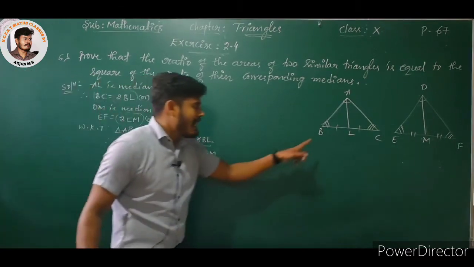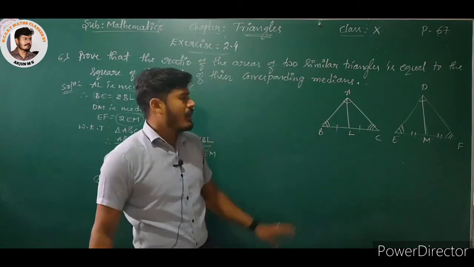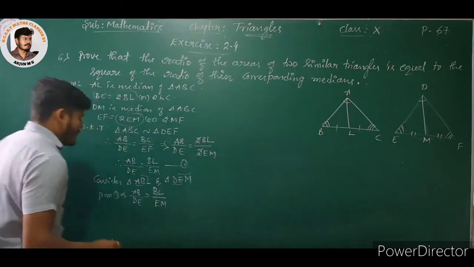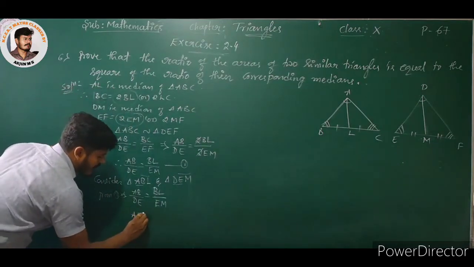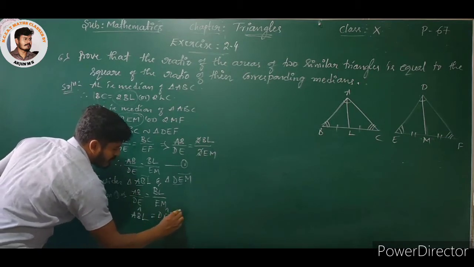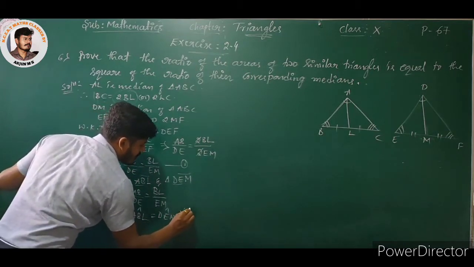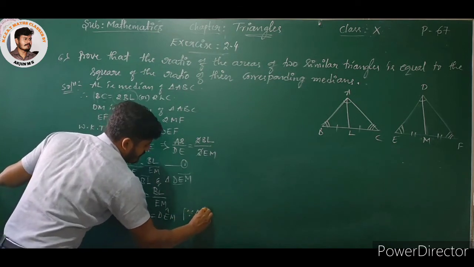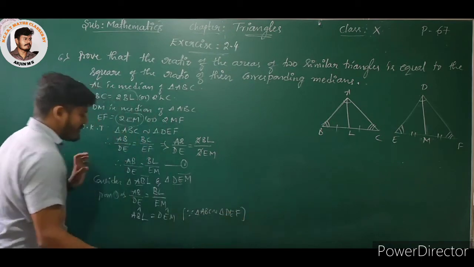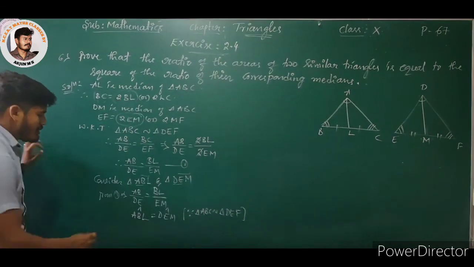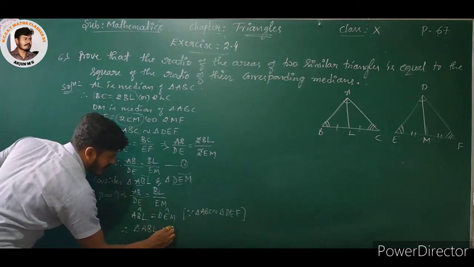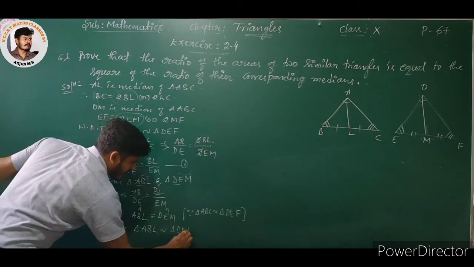That angle is angle B and angle E. Because ABC is similar to DEF, angle B corresponds to angle E. That's why angle ABL is equal to angle DEM, because triangle ABC is similar to triangle DEF. So therefore triangle ABL is similar to triangle DEM.